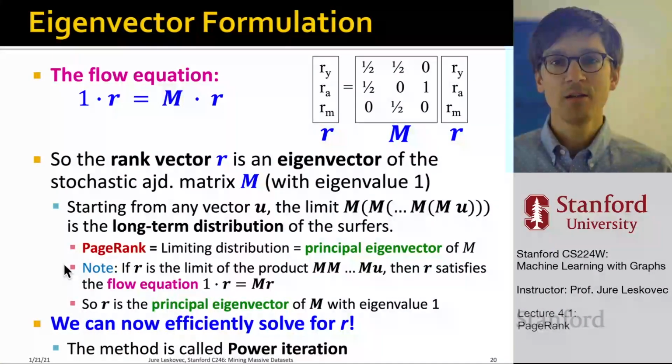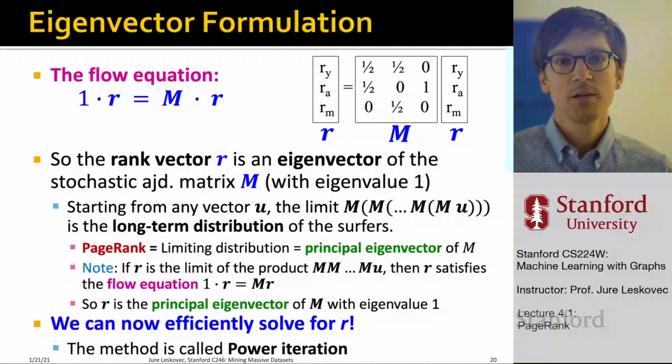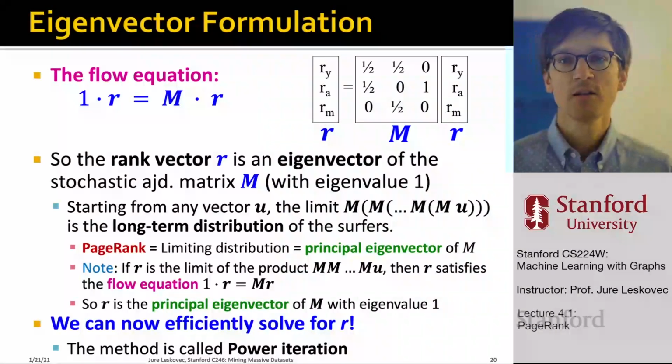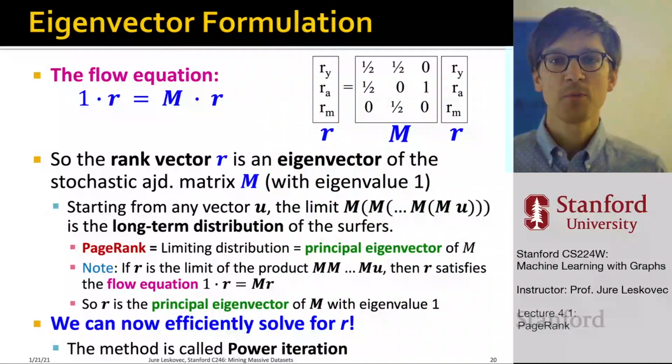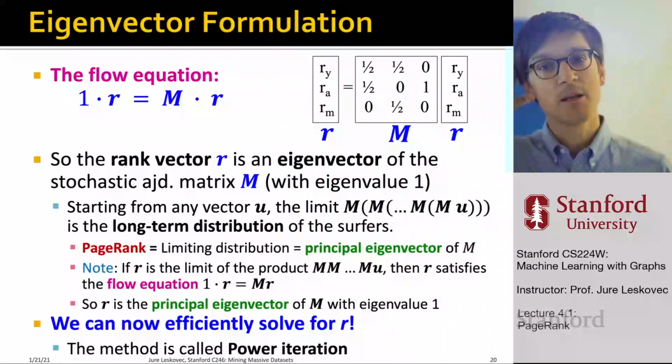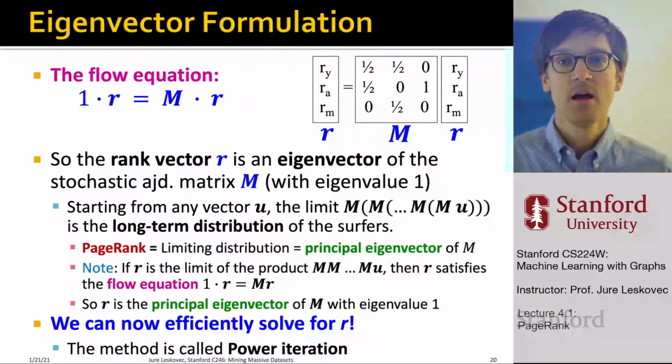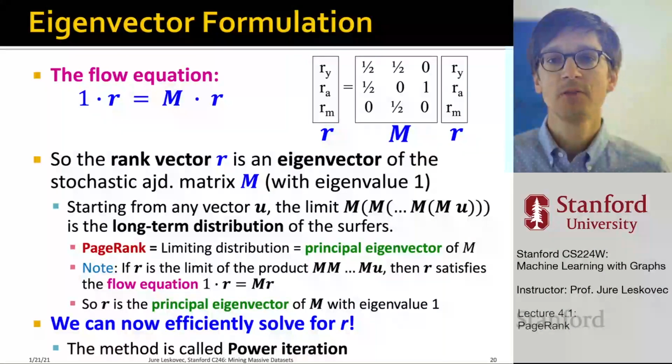So what did we learn so far? We learned that PageRank is a limiting distribution, a stationary distribution of this random walk process, and that it corresponds to the principal eigenvector of the stochastic adjacency matrix M. Principal eigenvector means the eigenvector associated with eigenvalue 1 of the matrix.